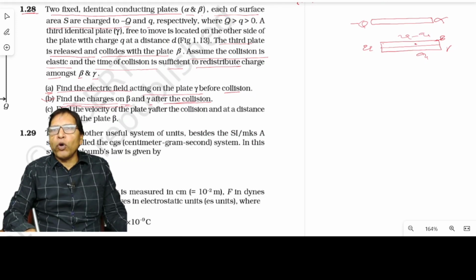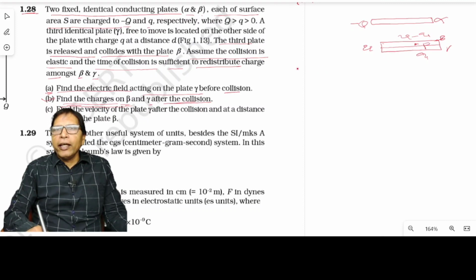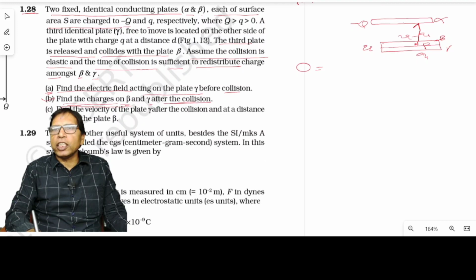Okay. Now consider the field at the point P. The field inside the conductor is 0. So 0 equals, look at this, this negative charge produces a field along this direction, this q1 charge produces a field along this direction, and this q charge produces a field along this direction.